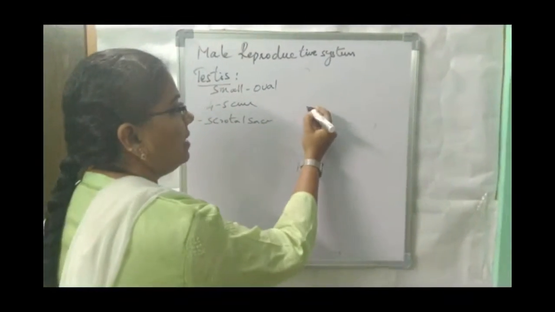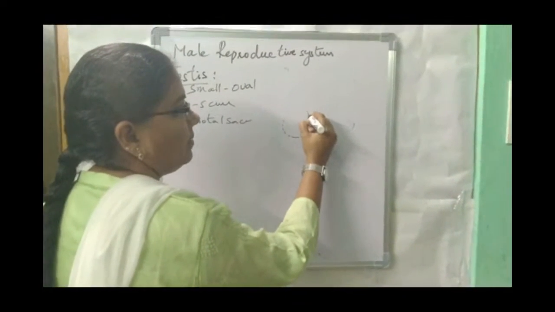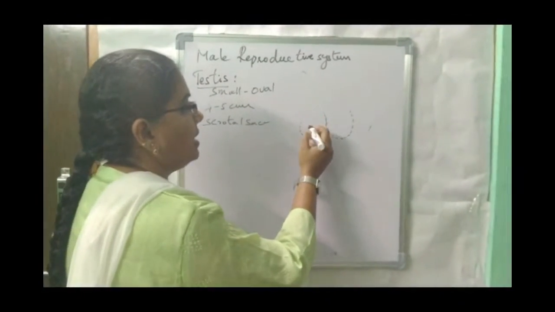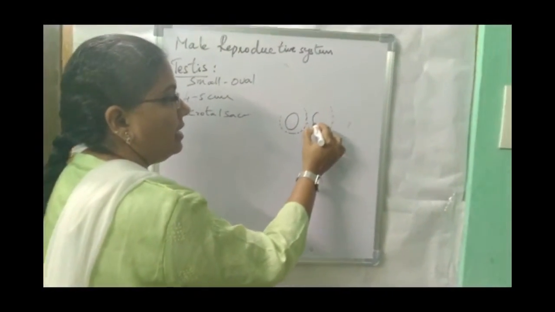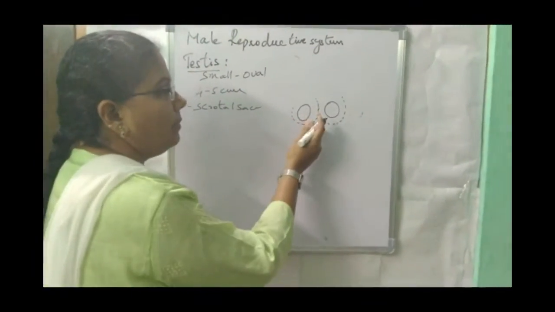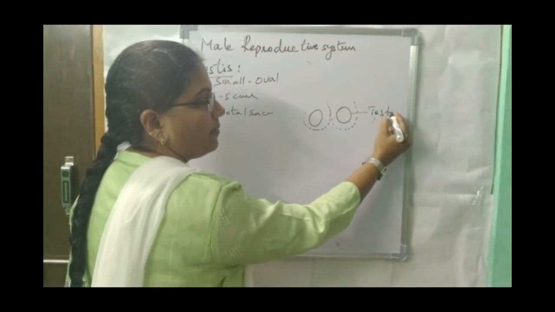This is one scrotal sac and this is another scrotal sac. In the scrotal sacs, the testes are enclosed by scrotal tissue or the scrotal layer. And these are the testes.